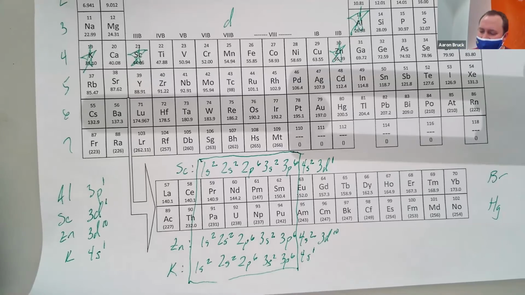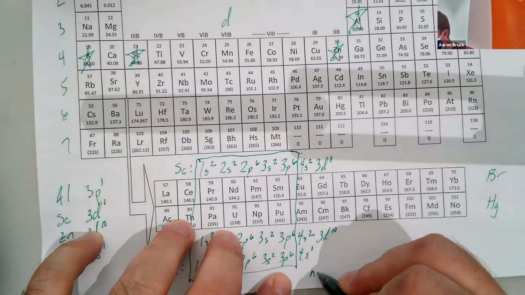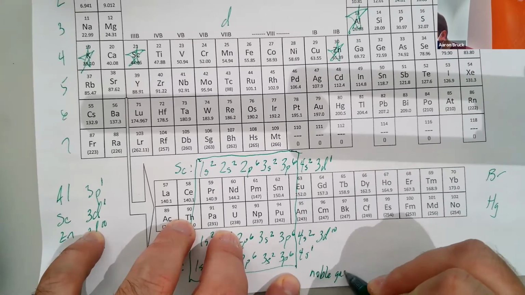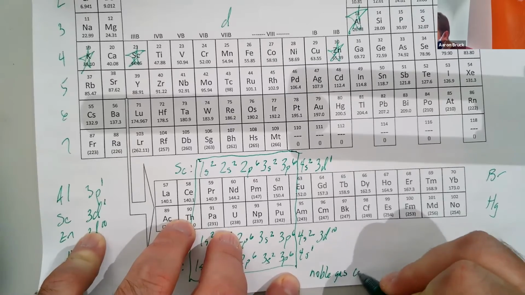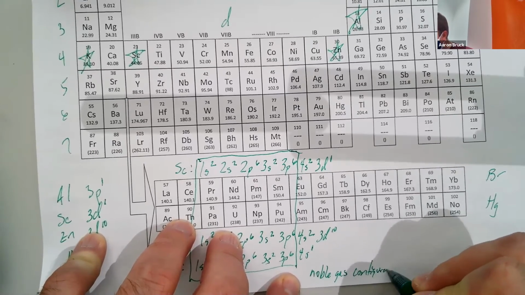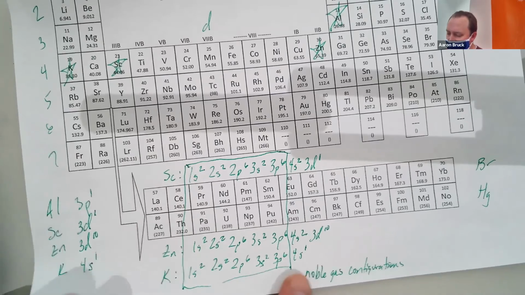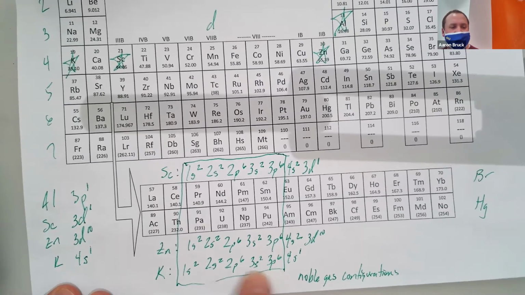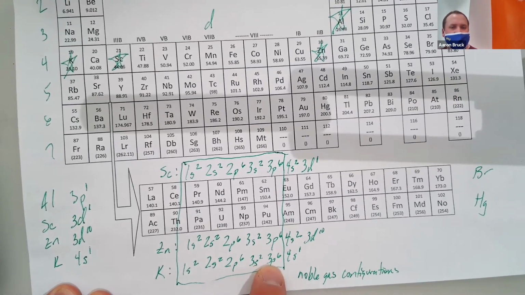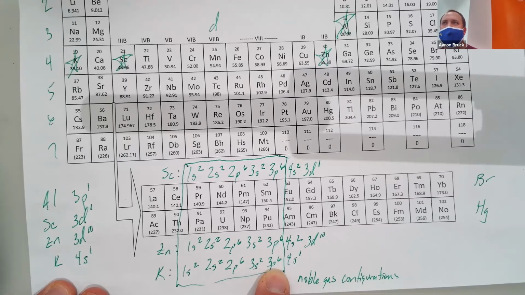Now, the thing that accounts for those is a noble gas, and we call those noble gas configurations. Now, the noble gas that corresponds to this designation ending with 3p6 would be what?